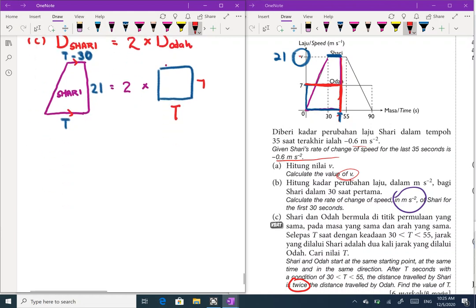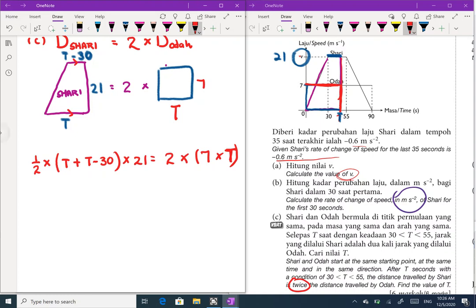Okay, so now we calculate 1/2 times the sum of parallel lines, T plus T minus 30, times 21, is equal to 2 times 7 times T. This is T, okay?